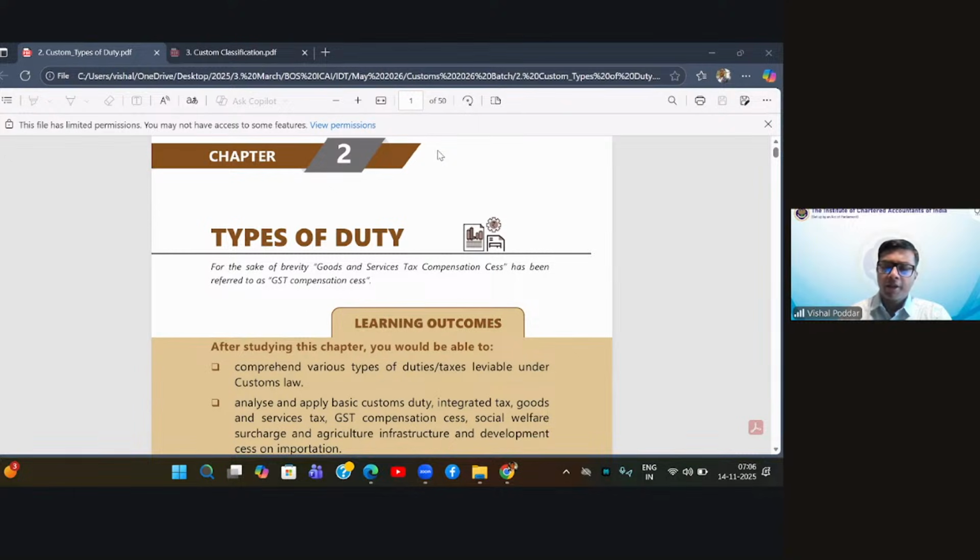Also, if you remember, I had mentioned that customs, being at the borders of India, besides being a taxation law, a law for collecting revenue for the government, taxation being only 50% of the purpose of customs, the remaining 50% is the role of monitoring, the role of keeping a watch, and most importantly, even acting as a protector for our domestic industries.